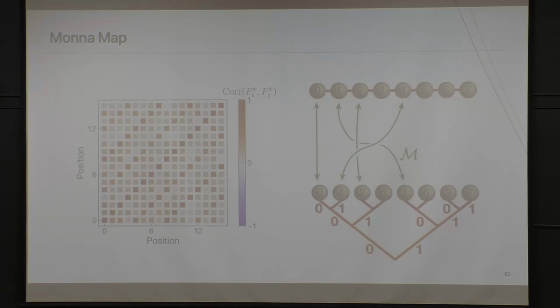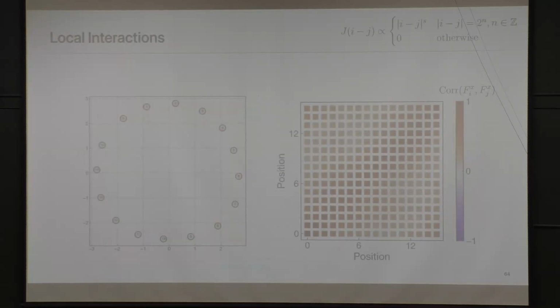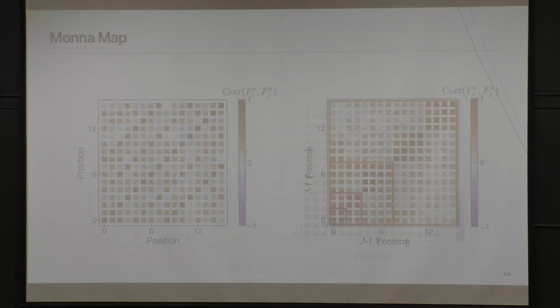And we can map the whole correlation matrix in this way. There's this block structure that you can start to see, which sort of captures the effective locality given by this tree structure.